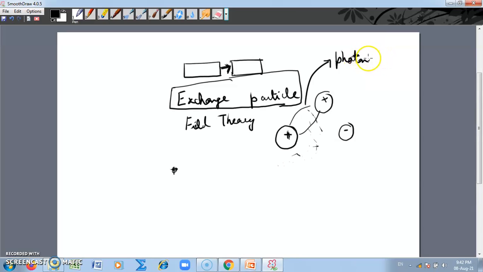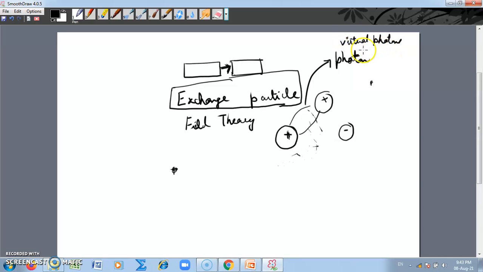Now, this photon has characteristics which are very different from light photons which are present in a stream of light, where photons are energy packets, as we know. These photons have a special name: they are called virtual photons. We will not go into this.